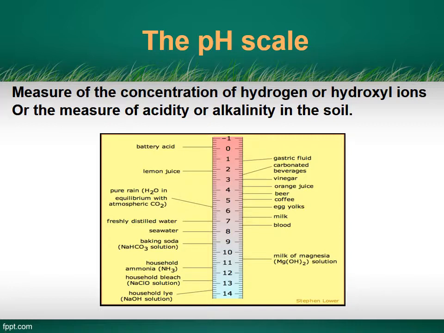Some plants grow very, very well in acidic soils. Other plants do very well in alkaline soils. Other plants do well over a very wide range of pHs. Other ones are very, very fussy, so they have to be grown in a soil with a very specific pH. So let's look over a couple different examples of plants and the pHs that they prefer.